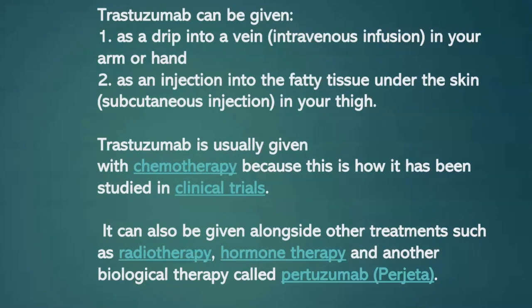And there are various ways to give the trastuzumab. It can be given as a drip or an injection. And it's usually combined with chemotherapy because the chemotherapy also is used to block the spread of the tumor. We're going to have a special, separate podcast on how chemotherapy is used to treat breast cancer.